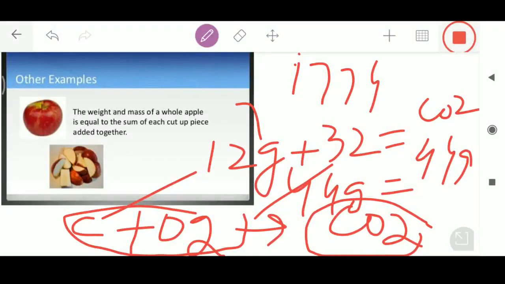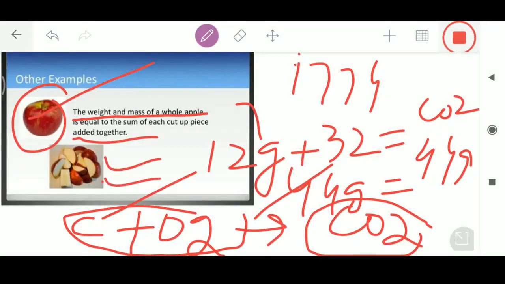Look at another very important common example: the weight and mass of a whole apple. Look at this beautiful picture of an apple. The weight and mass of a whole apple is equal to the sum of each cut-up piece added together. For example, these are the cut pieces. The moment we join these pieces, they give us the definite shape of the apple.